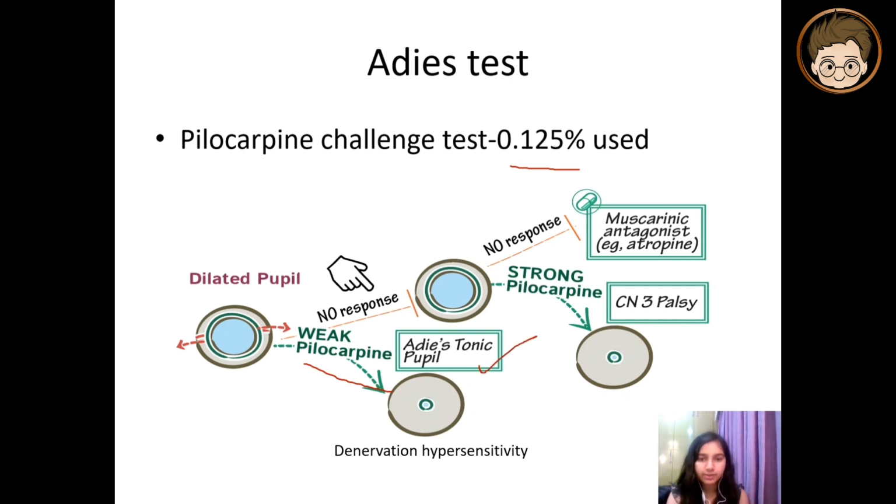But if there is no response and the pupil remains dilated and we have to use strong pilocarpine and it can cause constriction of the pupil, then we have to think of it as a cranial nerve third palsy. But if there is no response even after adding strong pilocarpine, then this is caused because of a muscarinic antagonist addition, that is atropine usage.